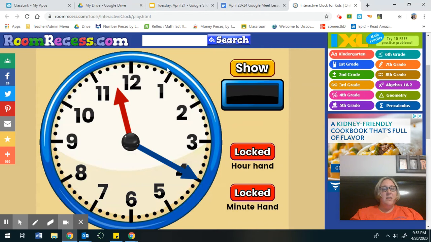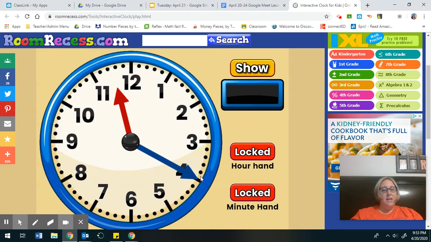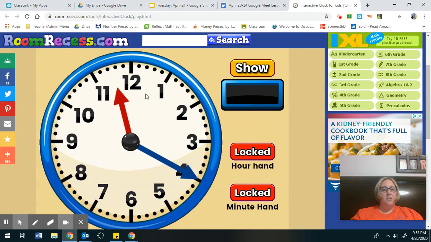In order to do this, I'm going to start at the 1 and I'm going to count by fives because there are 60 minutes in an hour and it's going to take this minute hand 60 minutes to get all the way around the clock.